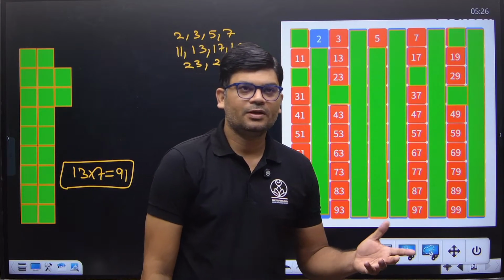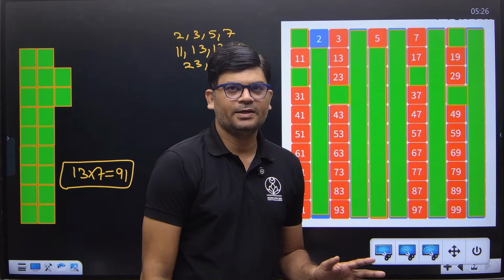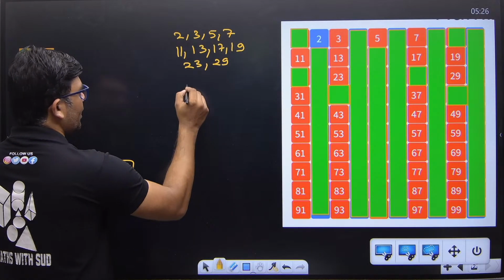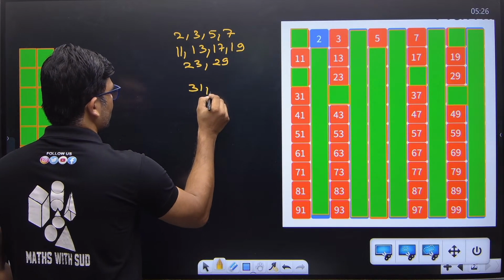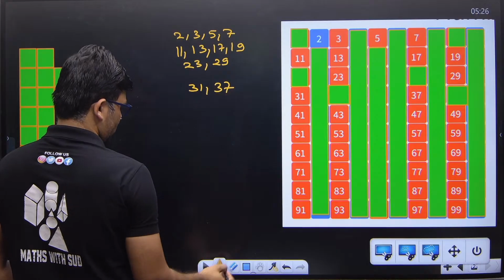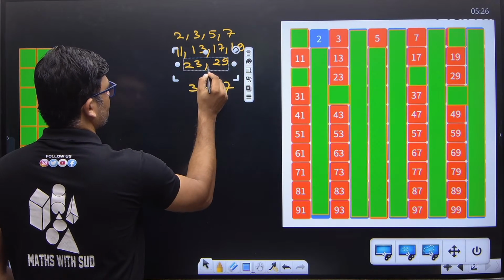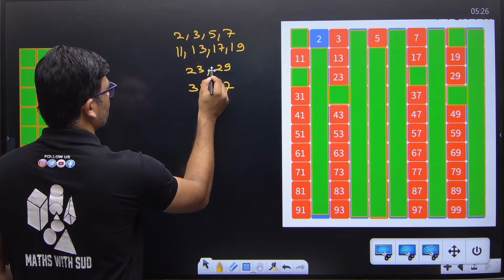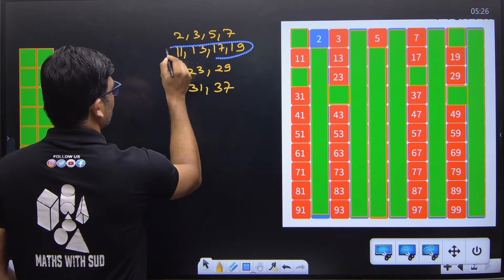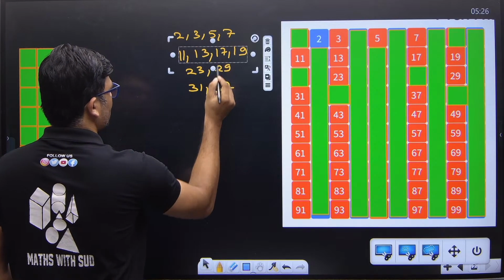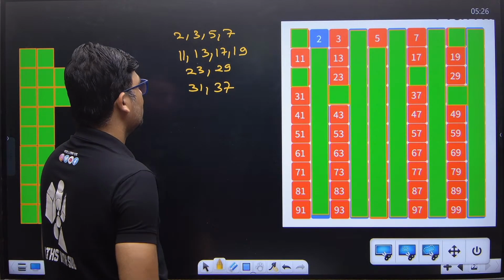The numbers having 3 and 9 are always divisible by 3. So the leftover numbers are 31 and 37. Are you getting it? Yeah.